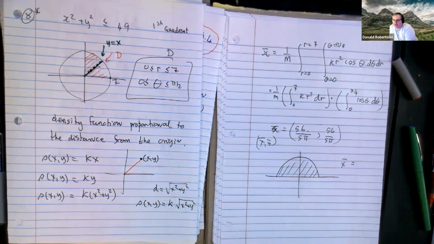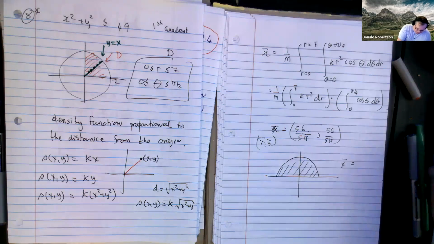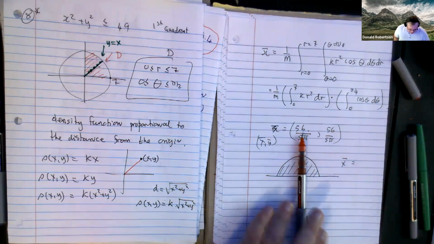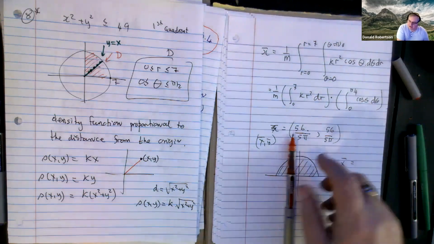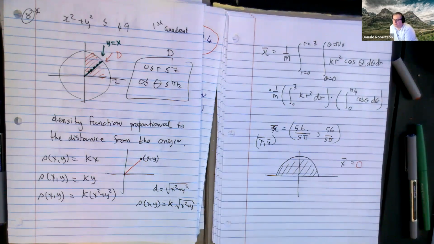It might not be the same in a different story, but in this one it is. Any takers? Can you imagine that that vertical line cuts the shape into two equal pieces? And since the density function is a measure of how far away from the center you are, it might be reasonable to assume that x bar would be 0. And it is.